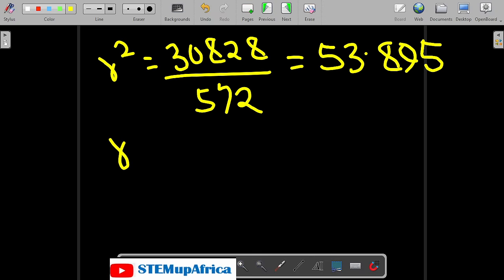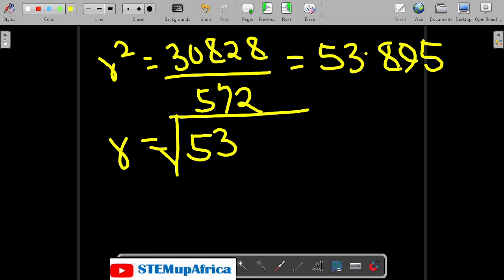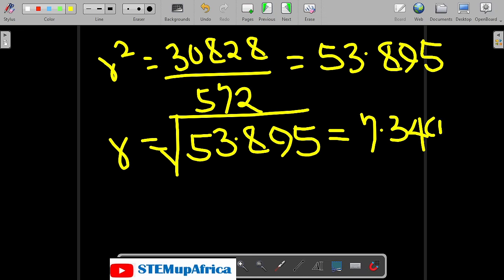So my radius now becomes the square root of 53.895. The root of that will give us 7.34 centimeters. This is now the value of the base radius.